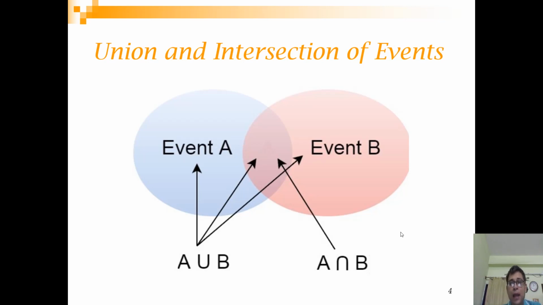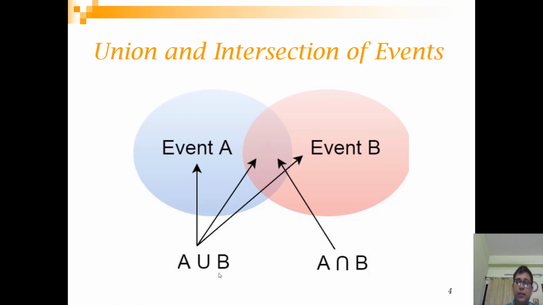The space which is both within A and B is called A intersection B, also read as A and B. And the entire space of event A and event B is called A union B, or it can be read as A or B.